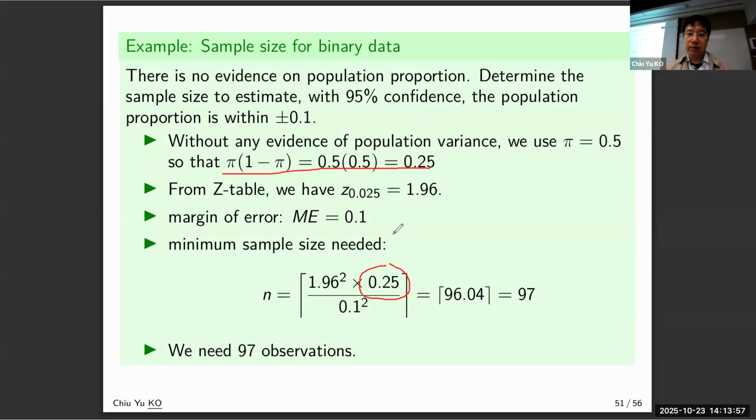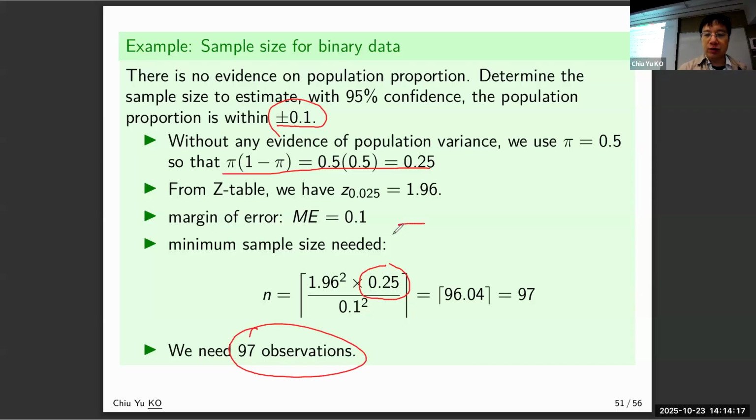All right, so you do the same procedure. If you want the data to be within 0.1, then you need almost 100 observations. Of course, you can follow the math here, because it's the same thing.